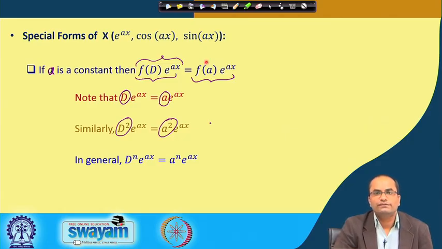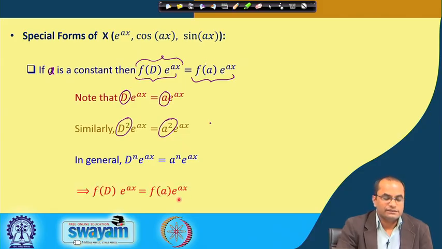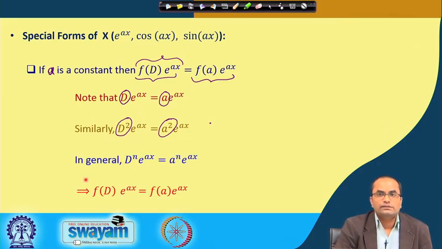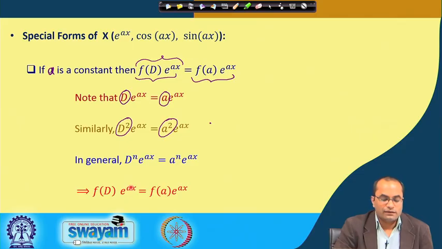So, instead of f(D), we will get f(a), and this e power ax will remain as it is. So, this is the general result which will be useful now to derive when the right hand side X is a special function e power ax. So, what do we have here? f(D) e power ax is equal to f(a) e power ax.